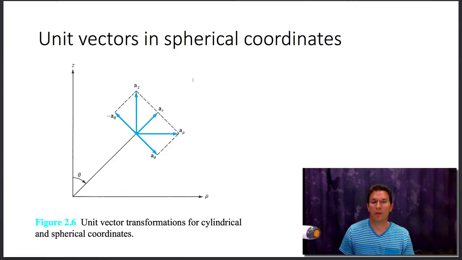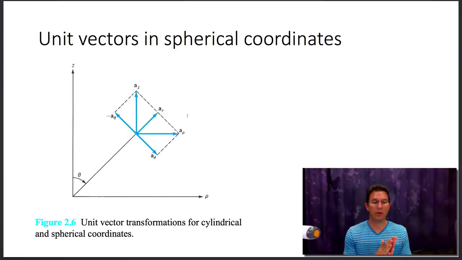And if you remember from linear algebra, any two-dimensional vector can be spanned by two mutually orthogonal vectors. So if, for instance, we want to represent the r hat vector here in cylindrical coordinates, we're going to have a projection of the r hat vector along the z hat direction, and a projection of this r hat vector along the rho hat direction.